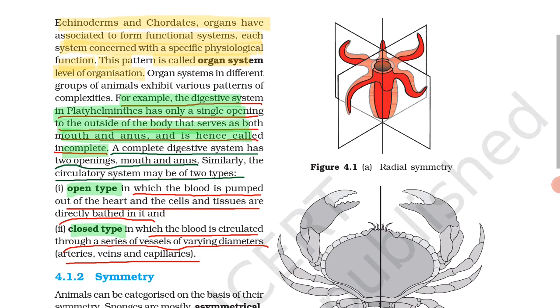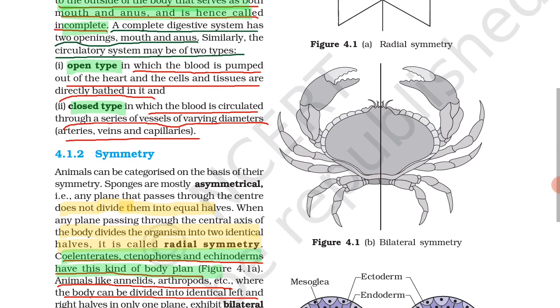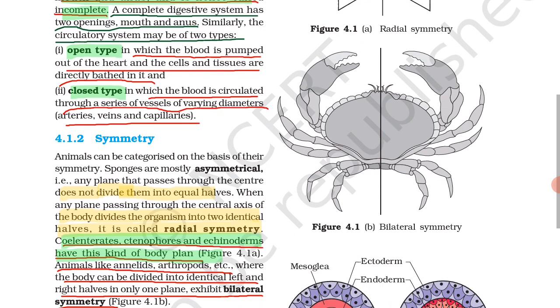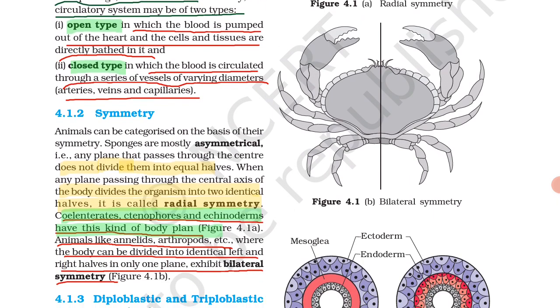They have shown the figure, and a plane passes through the body so that it divides into two equal halves, so it is called symmetrical type. But when the body does not divide into two equal halves, it is called asymmetrical, and the example is sponges.